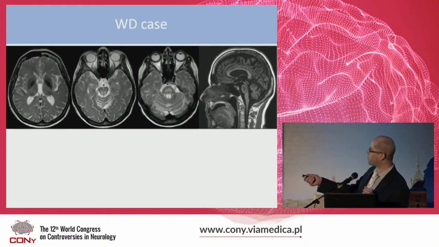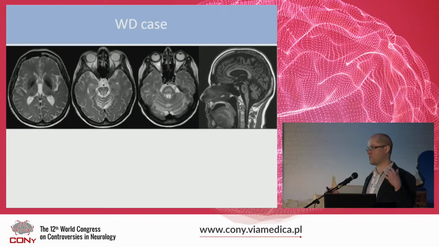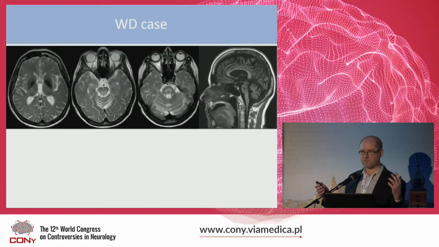You see very prominent hyperintensities in the dorsal mesencephalon and in the pons. On the sagittal T1 weighted image, you could see that these hyperintensities have reflection in the T1 hypointensity, which is always a bad sign because it means that there is more severe tissue damage.